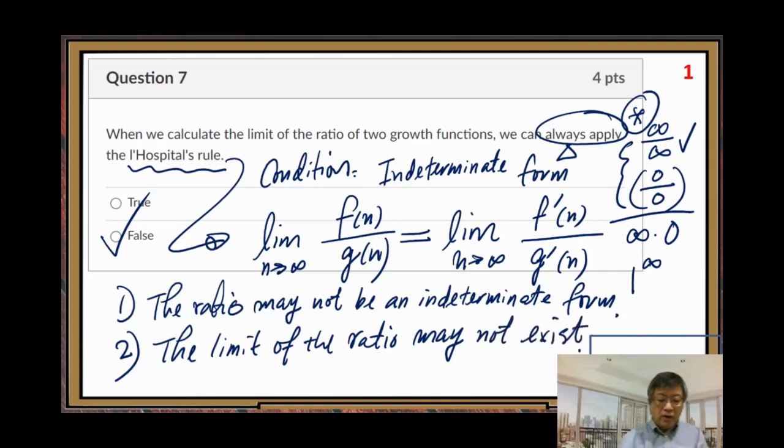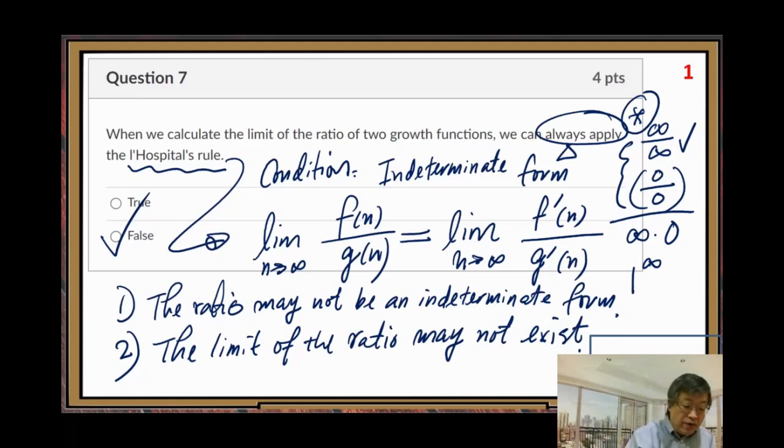Right? The limit does not exist. How can you apply the L'Hôpital rule? The limit does not exist. So that's another possibility.